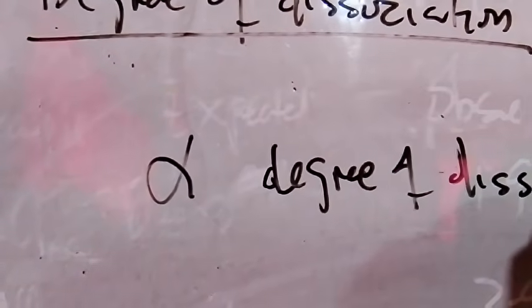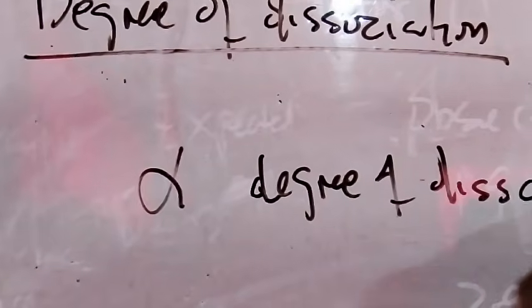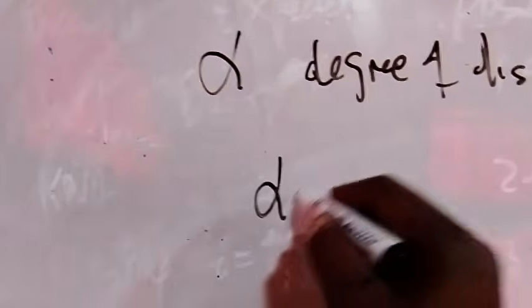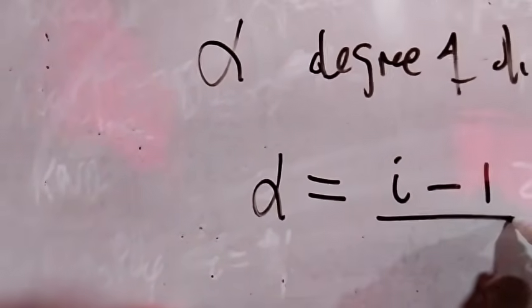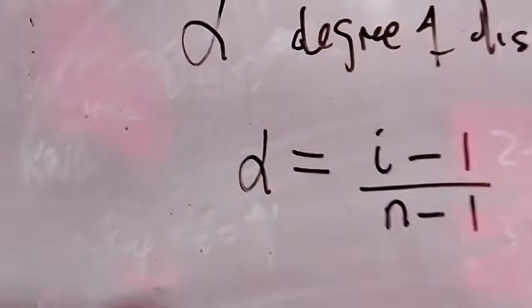There is a simple relationship between this parameter and the Van 't Hoff factor I for a fraction alpha, that is the degree of dissociation into ions. The degree of dissociation alpha is equal to I minus 1 over n minus 1.